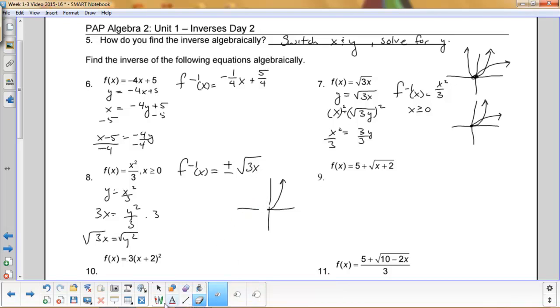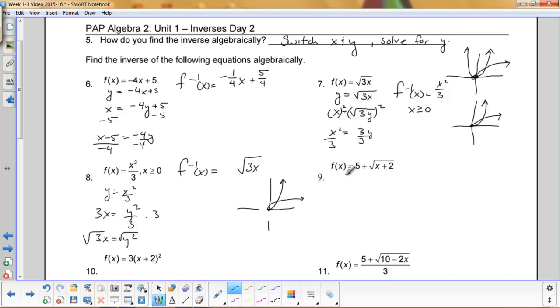That means that in this particular problem, the plus and minus is unnecessary because the plus and minus means that I would draw two branches of the inverse as well. But with the original being restricted, the inverse must also be restricted as well, which means that the correct solution to this problem is the square root of 3x only.